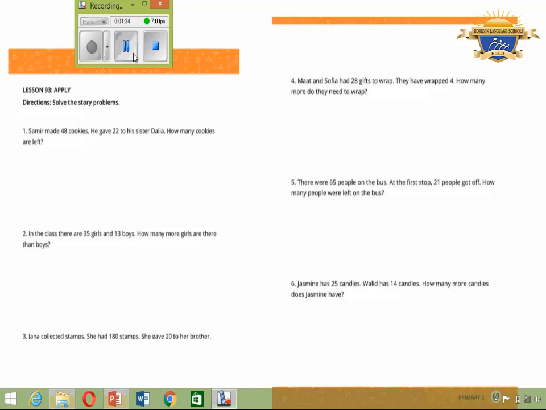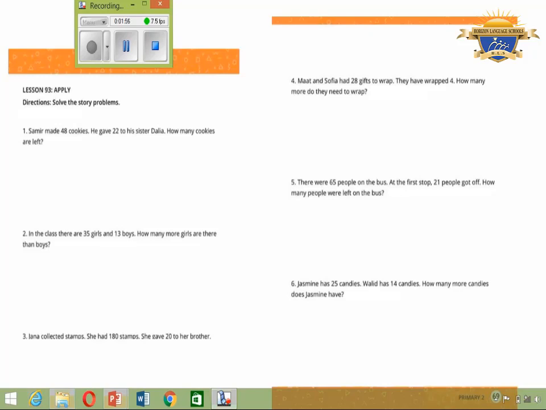Let's search for the word that gives me a clue that I should make a subtraction. And this word is gave or left. So those words give me a clue that I should make a subtraction problem.